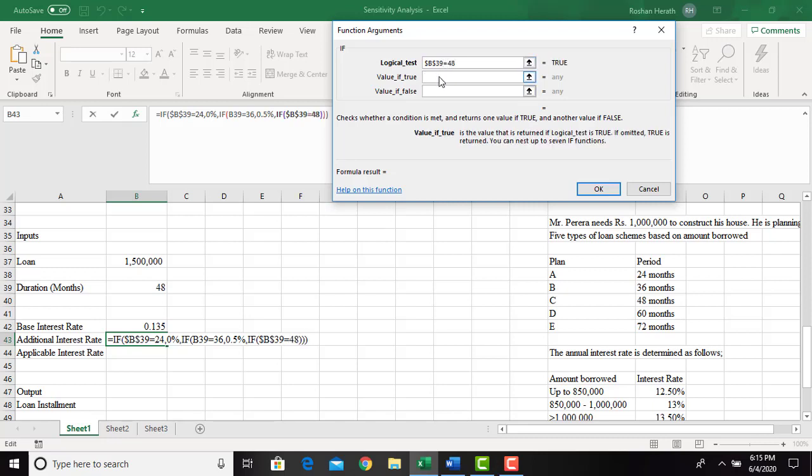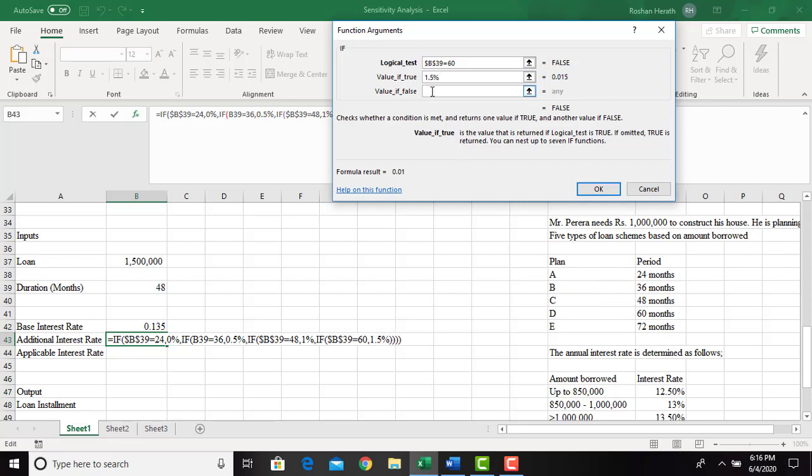If that is the case, what is the increase? 24 months from the plan A, so therefore 1% you would have to take. Then if false, you may have to take another if. What if this is equal to 60? Then it's going to be a deviation of 36 months, it's going to be 1.5%.